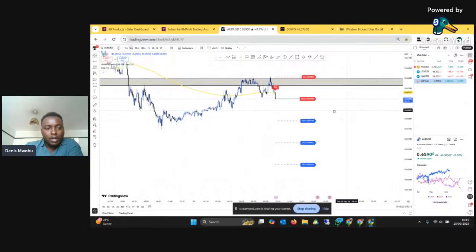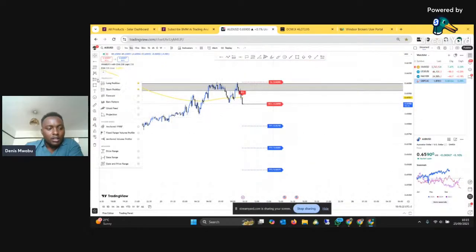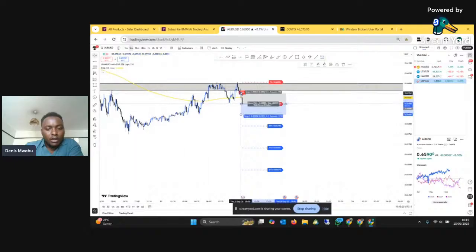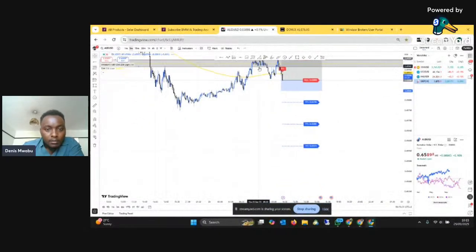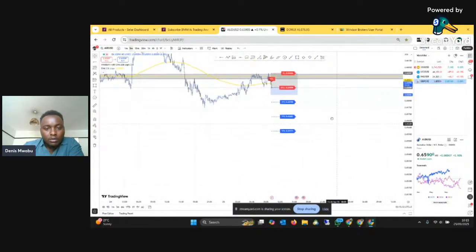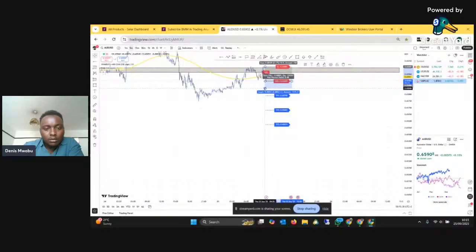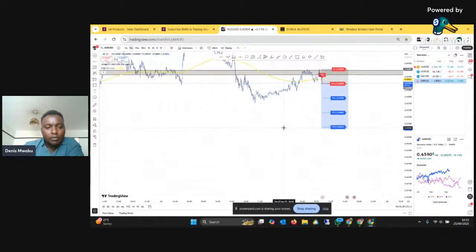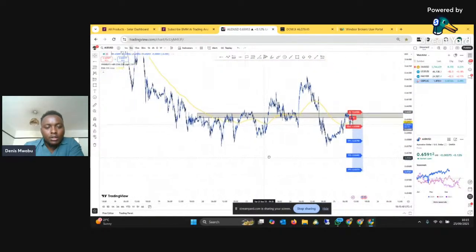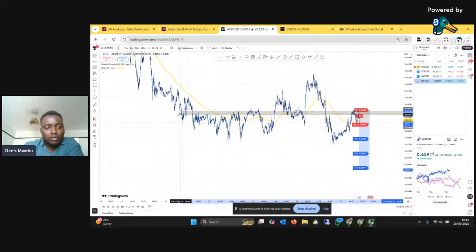I think this will be a trade like the other one, AUD USD for the sells. Pips there will be 10 pips. This is the type of trades that you're looking at.